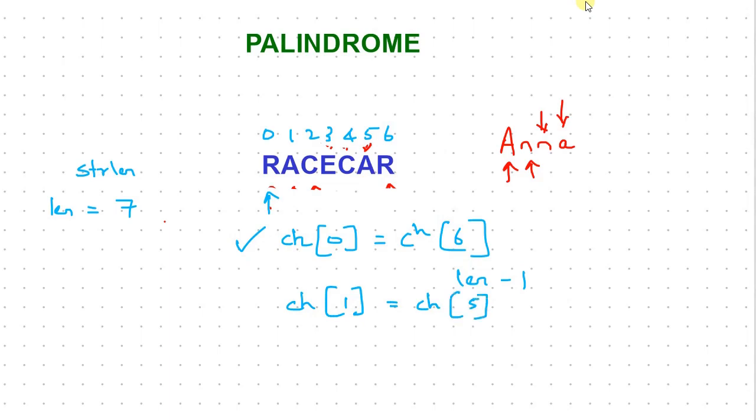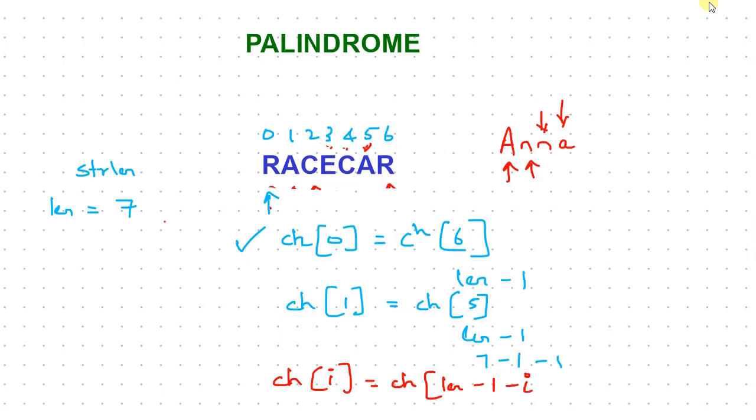Okay, and in order to get this 5, we can do length minus 1, so that will be 7 minus 1, 6, but we need minus 1 again. Okay, so in short, ch of i should be equal to ch of length minus 1 minus i.